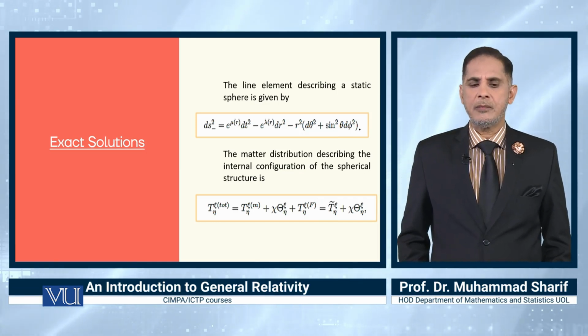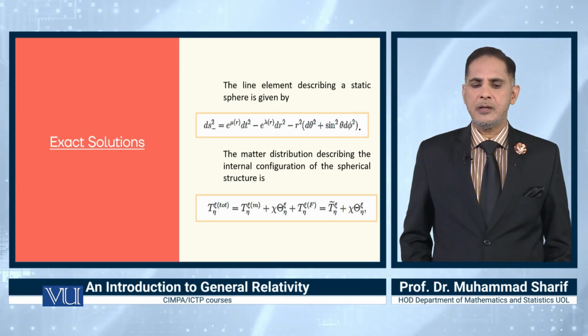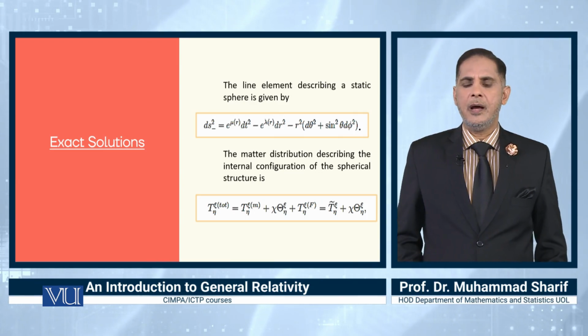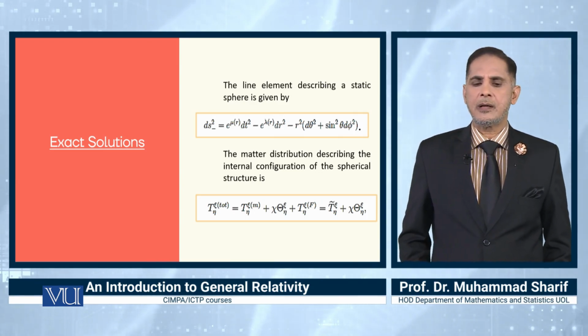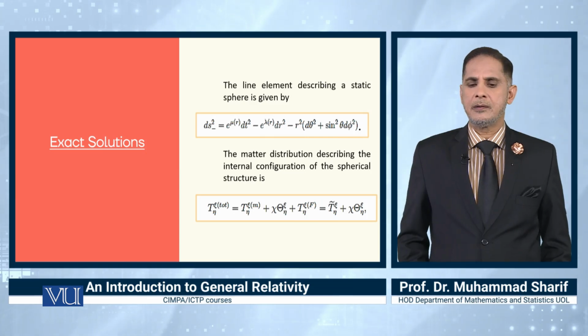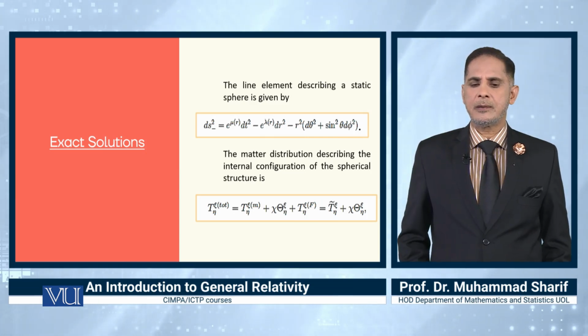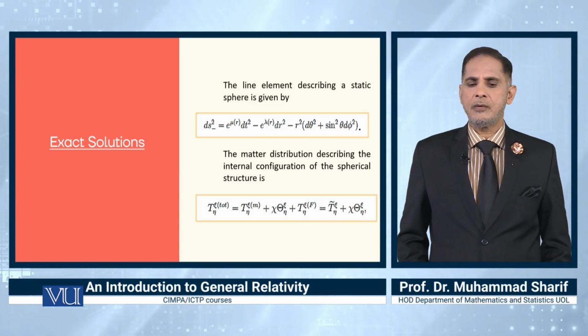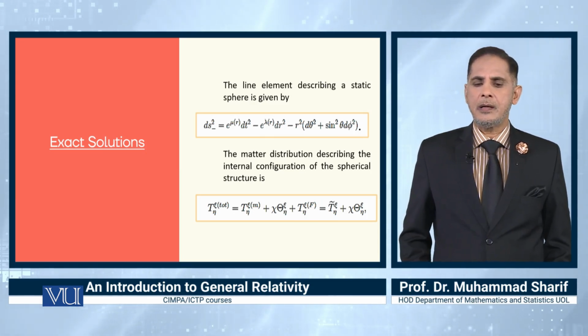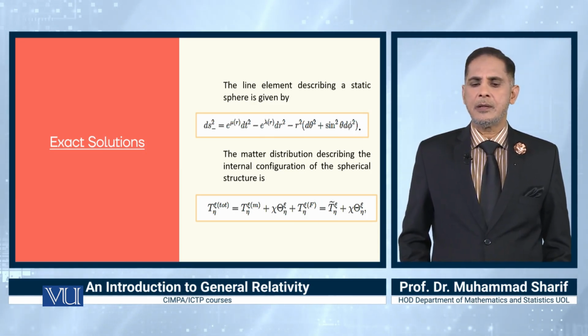The first term is the usual matter part, and in the second term we are adding some additional source, and in the third part we are taking some more additional part, and we can see that this is equal to T tilde plus chi theta.